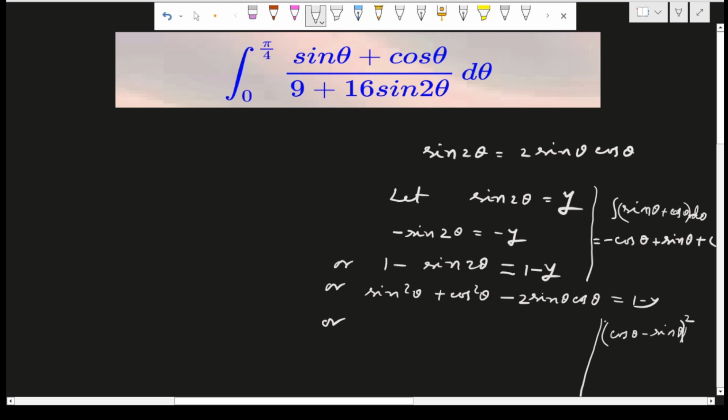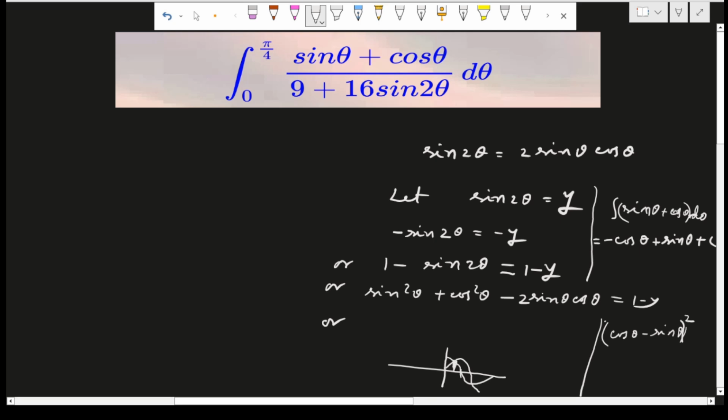See, if we draw the graph with the y-axis and x-axis, this is roughly the sine graph and this is roughly the cos graph. This distance is pi by 4.